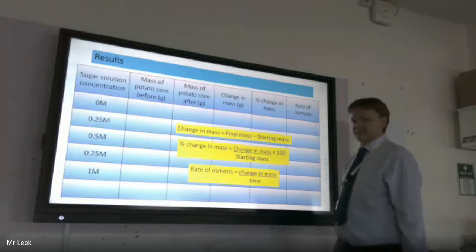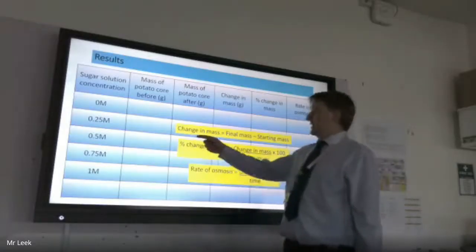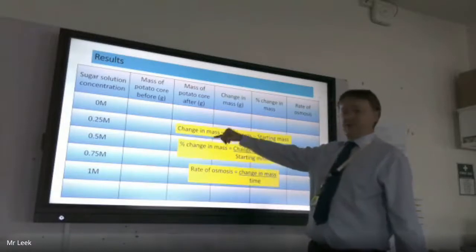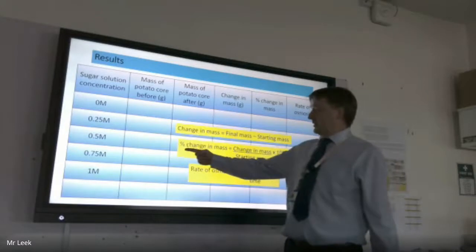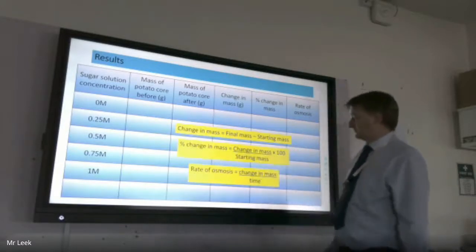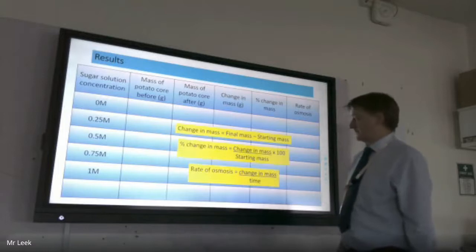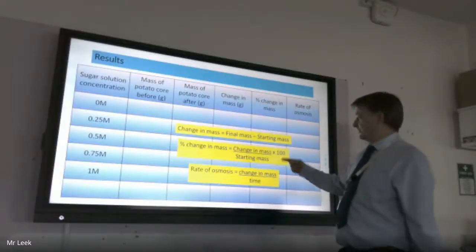Basically what that means is you're looking at how much it's gone up in weight or gone down in weight. The second one is percentage change in mass equals change in mass times 100.